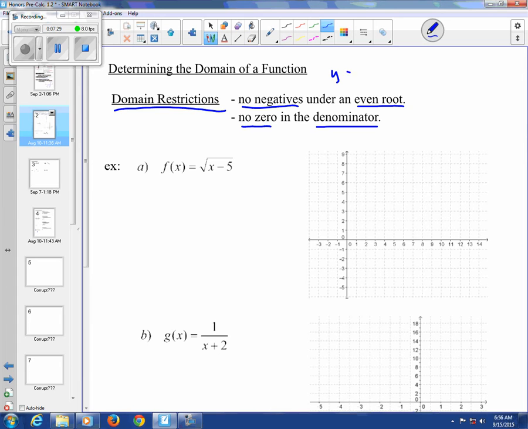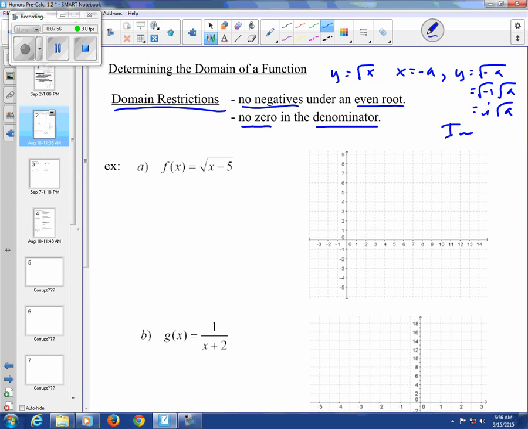So let's say we've got y equals the square root of x. Well, what's it going to mean if I have an x value that will give me a negative under my even root, the square root? Let's say we've got negative a, where a is some positive real number. Well, if I plug that in, I'm going to get y equals the square root of negative a, which is going to give me the square root of negative 1 times the square root of a, which gives me i times the square root of a.